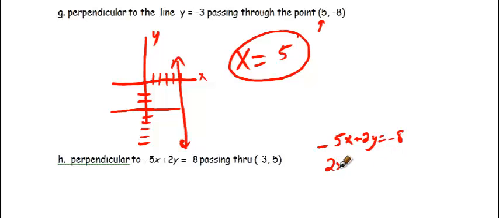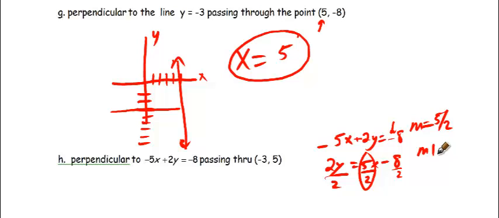So 2y equals a positive 5x, because it's negative on the left, minus 8. Don't lose this sign. This sign stays with the 8. And then divide by 2. Let me divide everything by 2. Because now my slope is 5 over 2. I want to be perpendicular, so my perpendicular slope would be negative 2 over 5. So that's what I want from this equation.